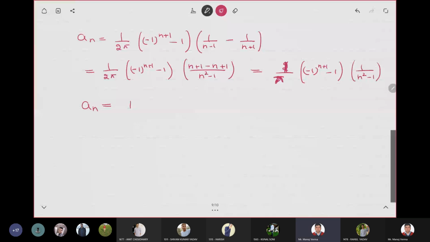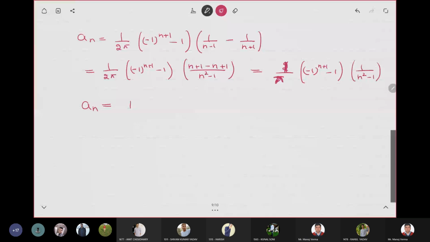And for odd n, it will become 0. So this will be my result for an.